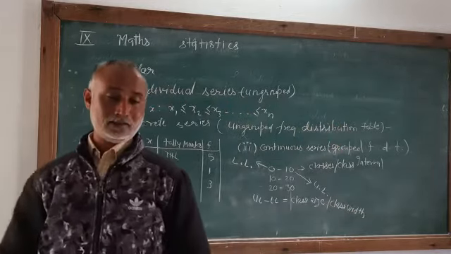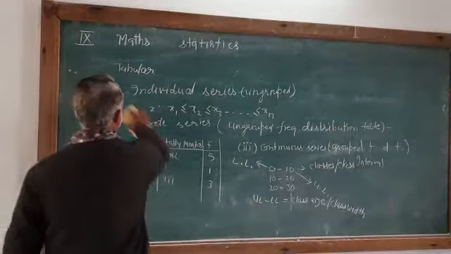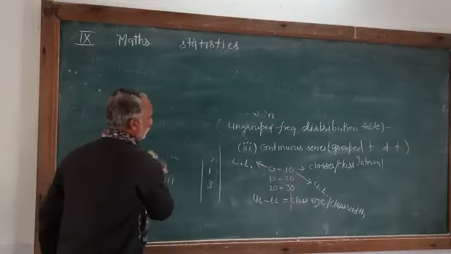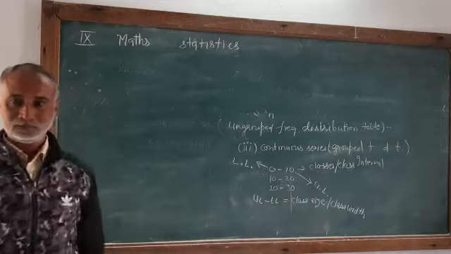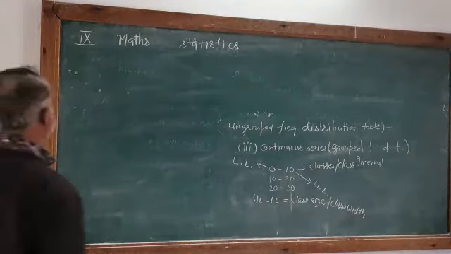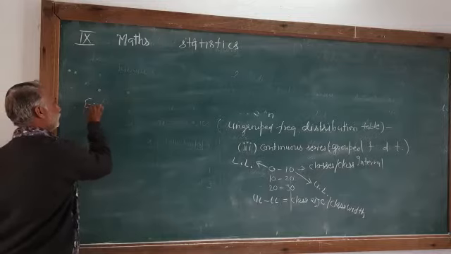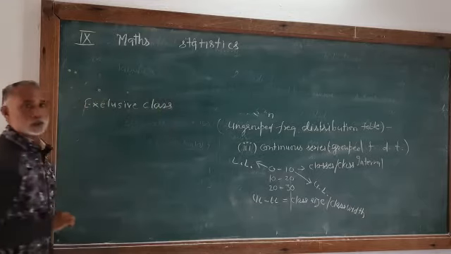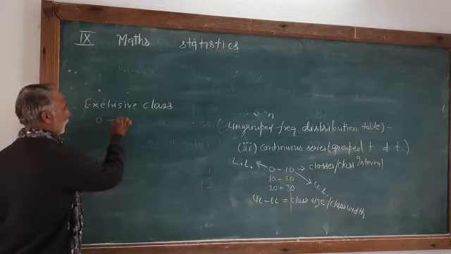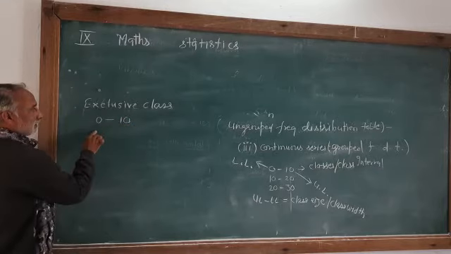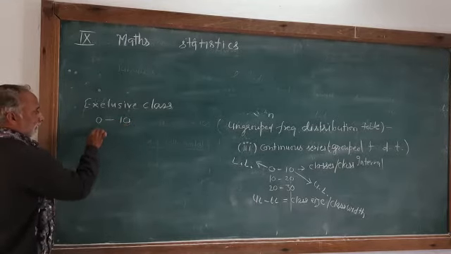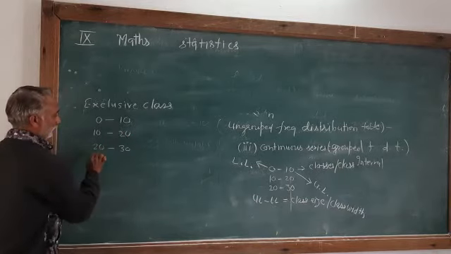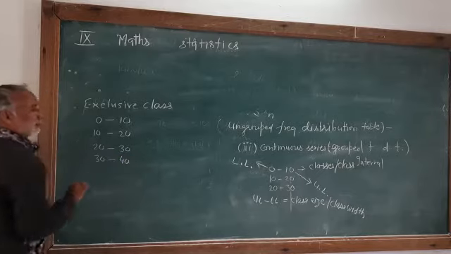Now again, the classes are of two types. One is called inclusive class, one is called exclusive class. Exclusive class means like 0 to 10. The next class will start with the upper limit of the first class, 10 to 20. Again 20 will come here, 20 to 30, 30 to 40, likewise.